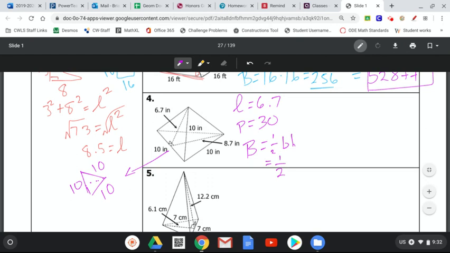All right, well, all sides are 10, so it's pretty simple that our base is going to be 10. But then our height, because our base actually in this one is right here, we can figure that out because that's where our height starts and goes to the other side. And then our height is 8.7. So when we do 1/2 times 10 times 8.7, that's going to give us 43.5.